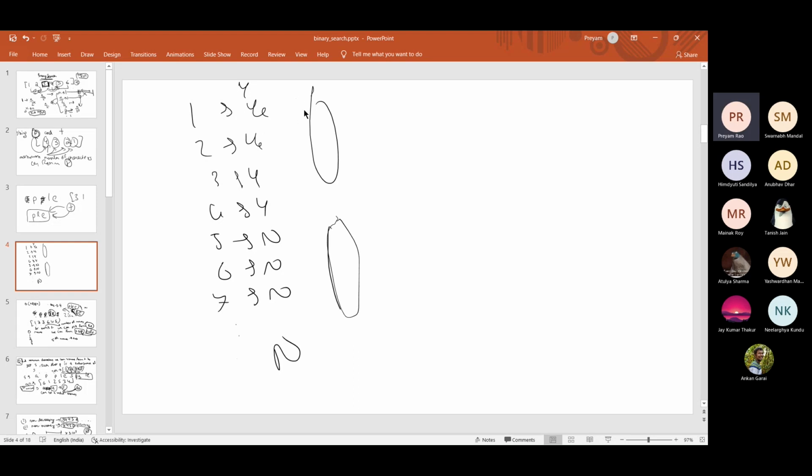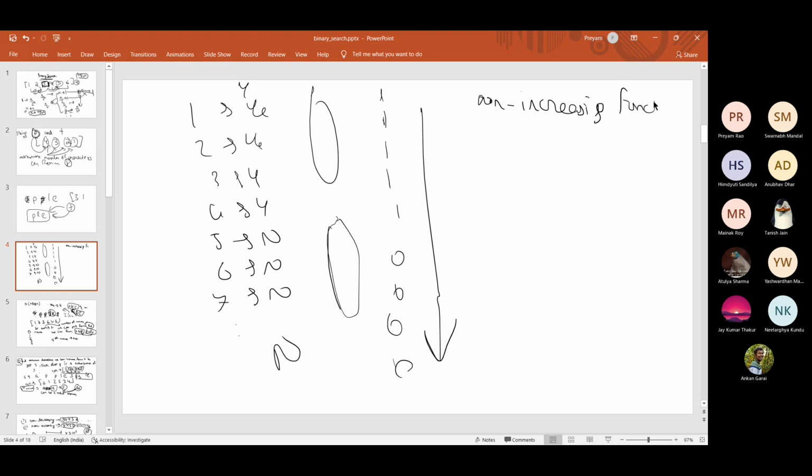If we write yeses as ones, then we can see that this function is continuously decreasing. So it is a non-increasing function.